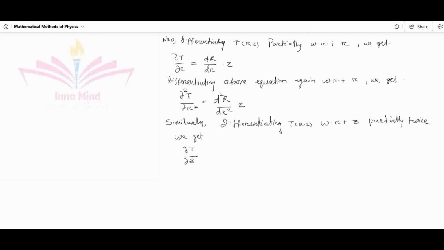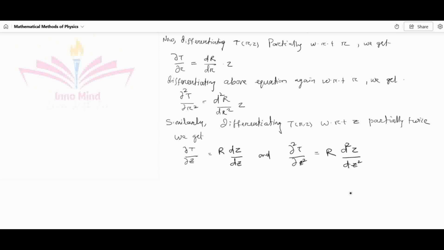Del T by del z is equal to, here because we are partially differentiating the function T with respect to z, the functions of r will be kept as constants. So here R will be constant and we will get R into dZ by dz, and del square T by del z square, because we have to differentiate it twice, is equal to R d square Z by dz square.